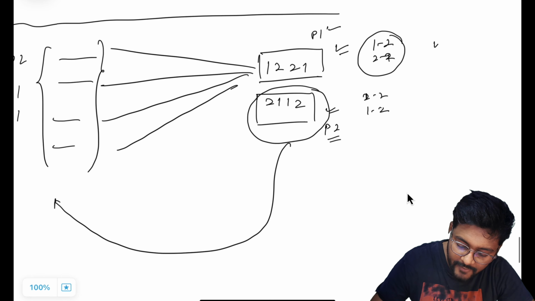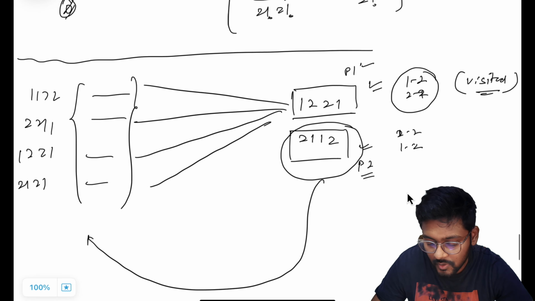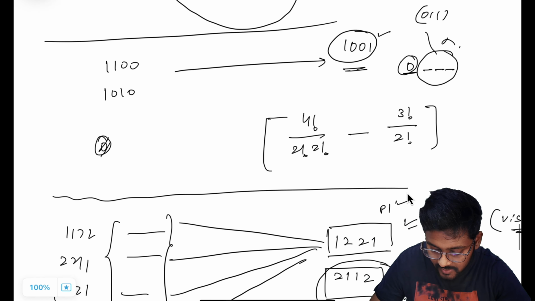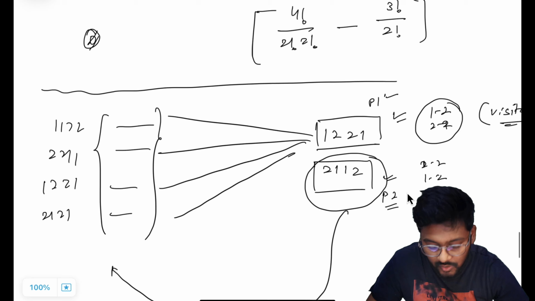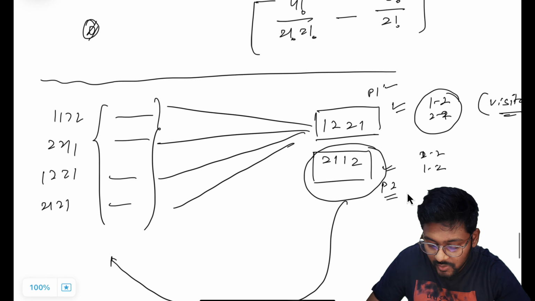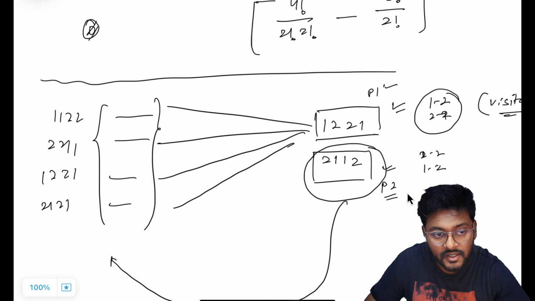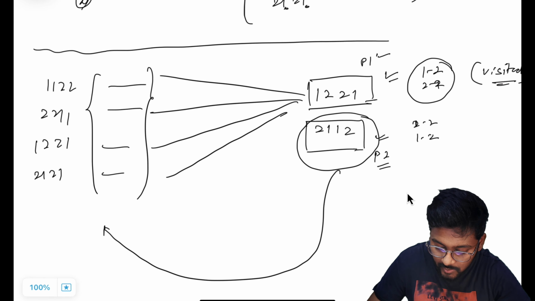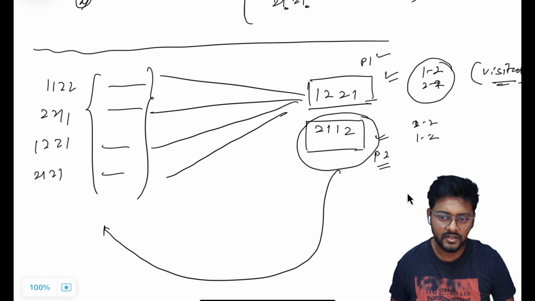I need to have a visited set for that, right? So that's why this problem is hard, because there are so many conditions, so many corner cases. The first corner case is that the number should not have a leading 0. Another corner case is that the same set of elements, the same number of digits, can generate different palindromes. Let's say this palindrome 1, palindrome 2. These we should consider as one unit.